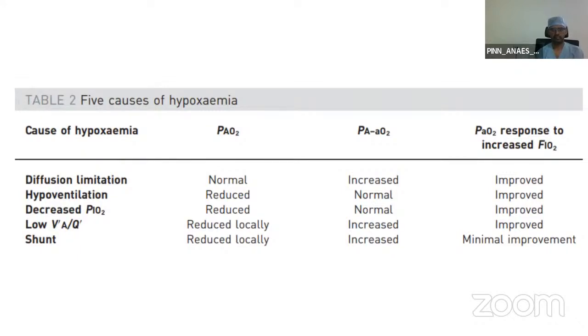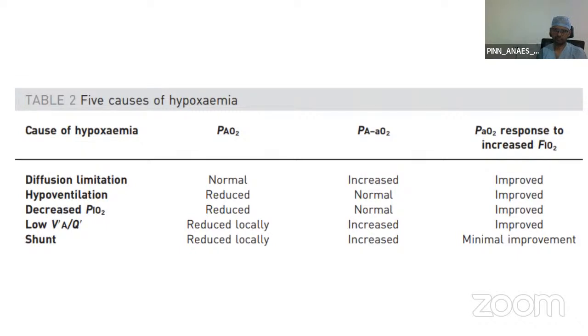Low VQ ratios: there will be decreased alveolar PO2 locally, not reduced overall. Locally, where there are areas with low VQ ratios, the alveolar PO2 is reduced, and in those areas the alveolar arterial oxygen gradient is increased, and this can be corrected with supplemental oxygen.